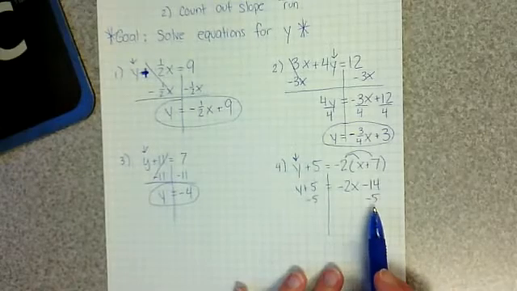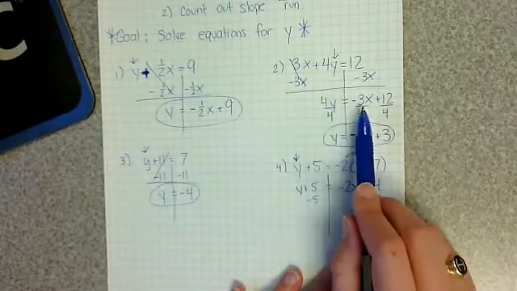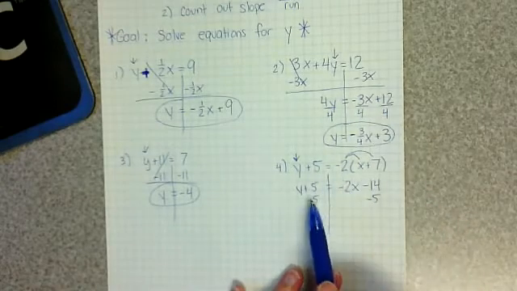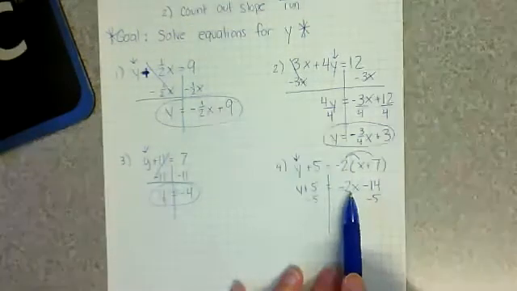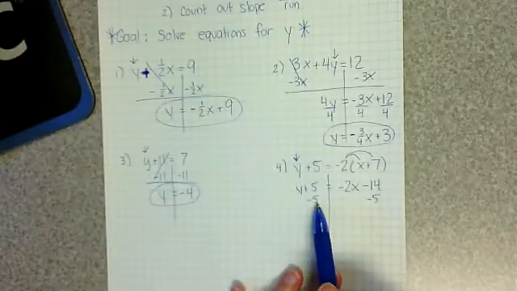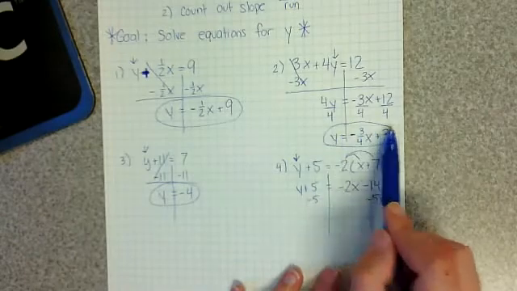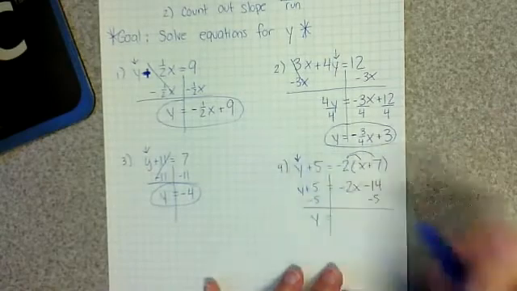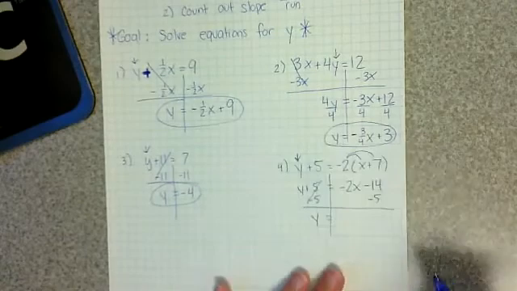Now, a quick note, because something else that I saw today, if we're dividing, we hit every number. If we are just adding or subtracting, we only do that to the terms that don't have an x. So I didn't subtract 5 everywhere because we're subtracting, versus up here I divided. So my y comes down. 5 minus 5 cancels out.